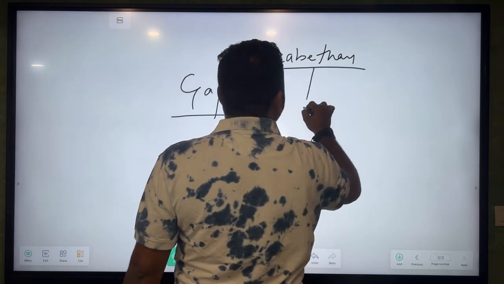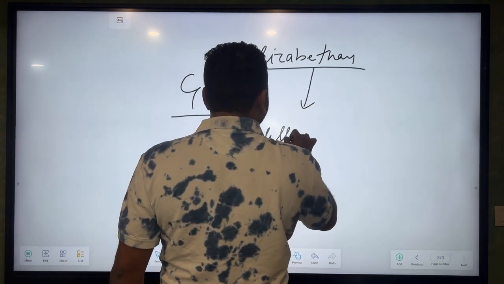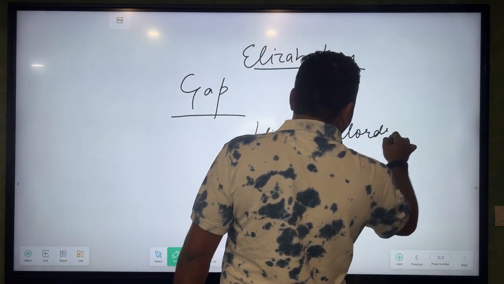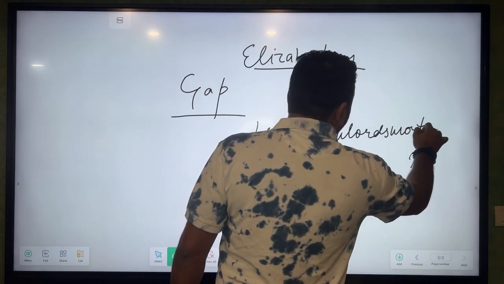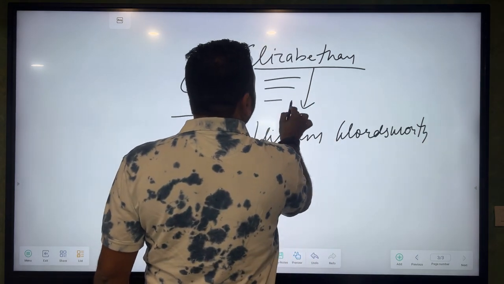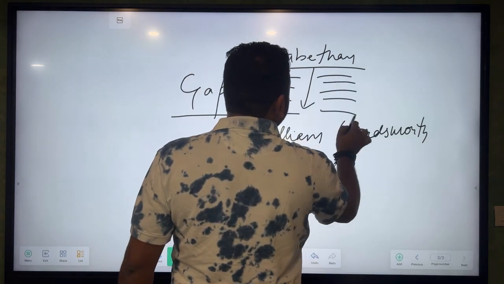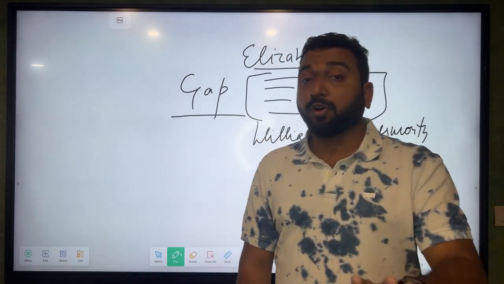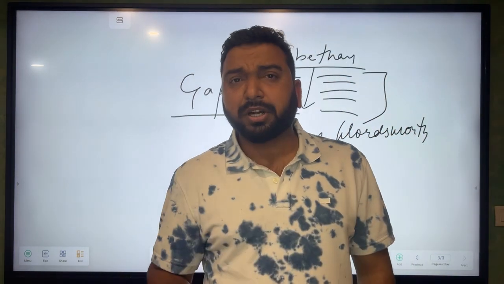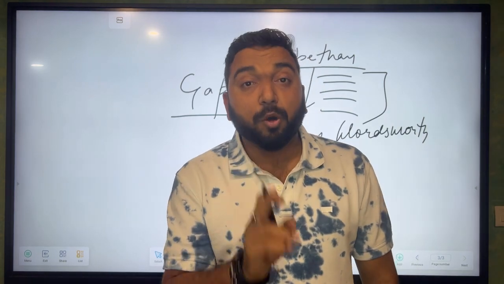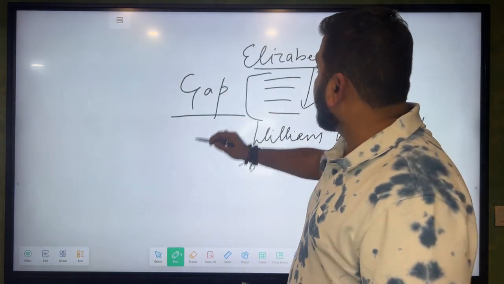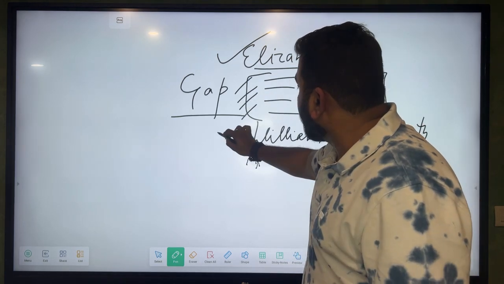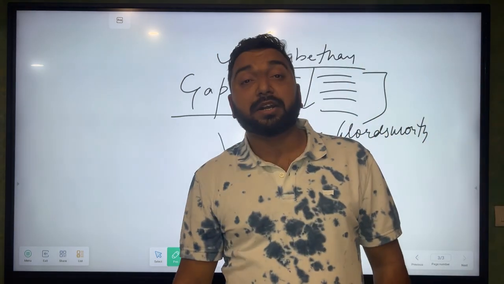After Elizabethan, if you go for William Wordsworth, the poetry of William Wordsworth, which has been prescribed in UPSC, in between there are multiple ages, Restoration, Neoclassical, which are not directly mentioned in the UPSC syllabus. Though Rape of the Lock has been mentioned, but Restoration is not mentioned, right? So normally students make the mistake. They think, okay, read Shakespeare separately, then leave these 2-3 ages, read William Shakespeare, William Wordsworth directly.